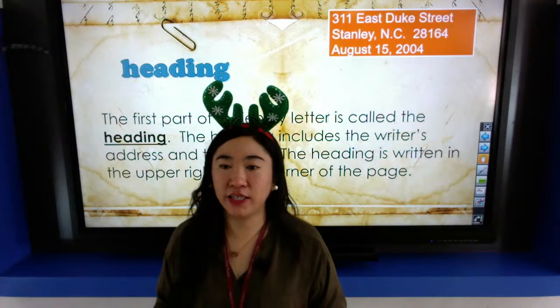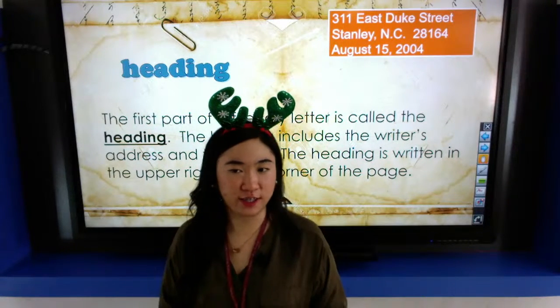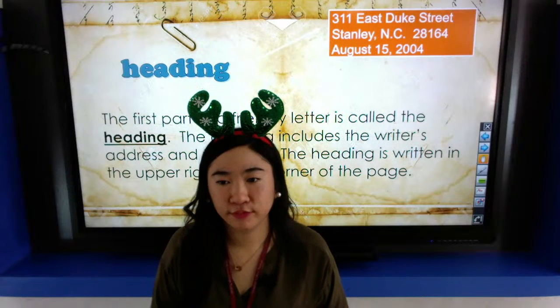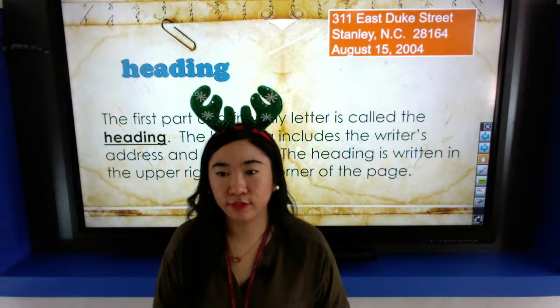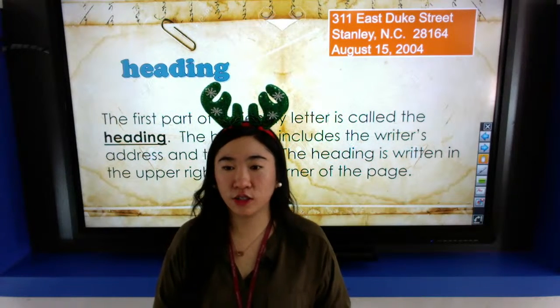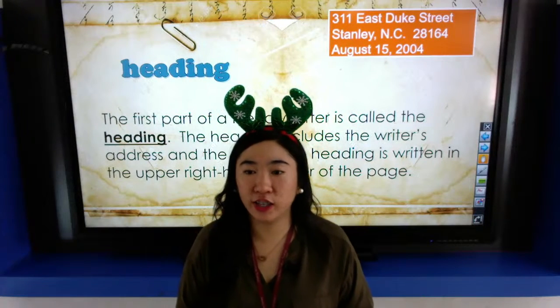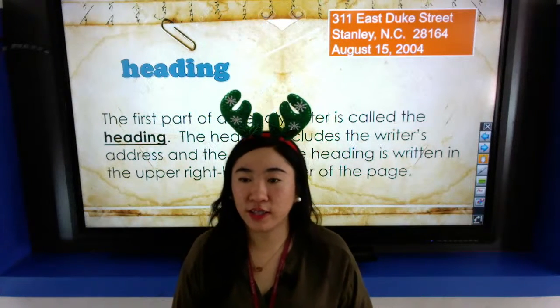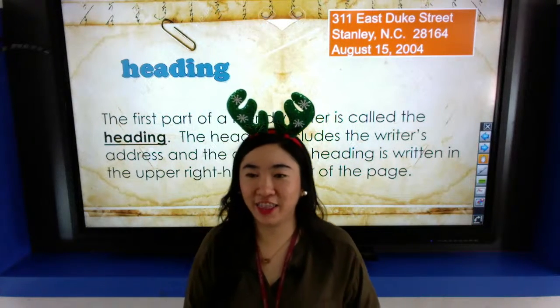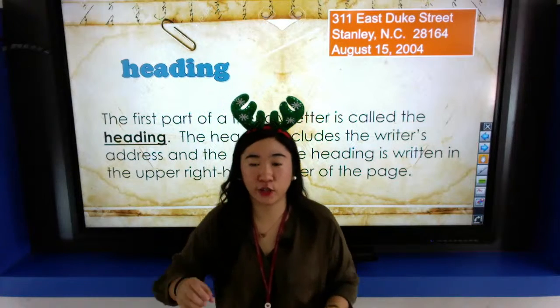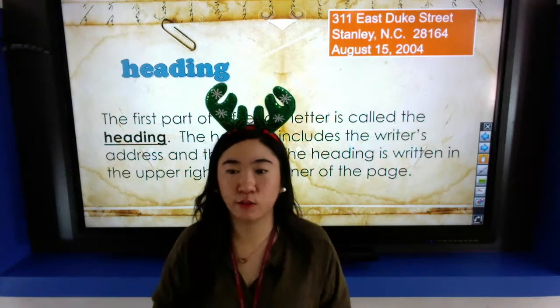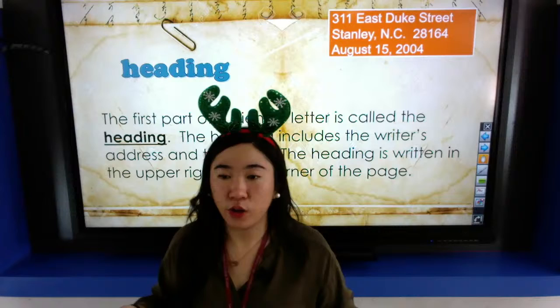Who can give me an example? Bangkok. Oh, very good. 1000 South Coconut Street. Okay, that can be an address. So you write what street you are on, or where you live.